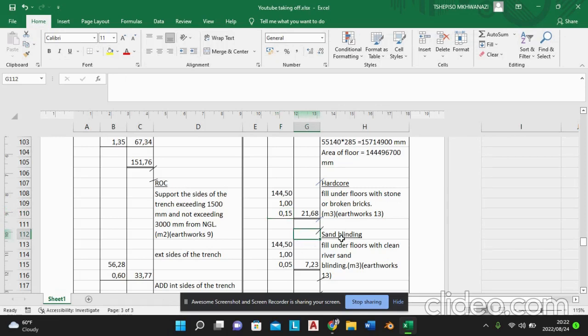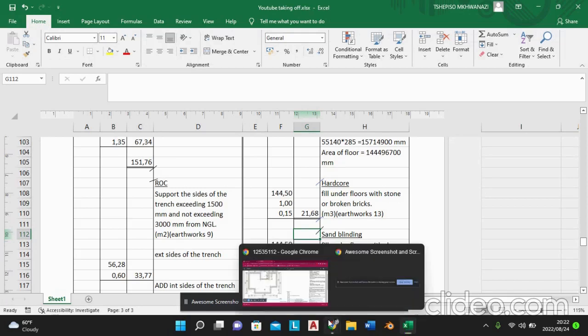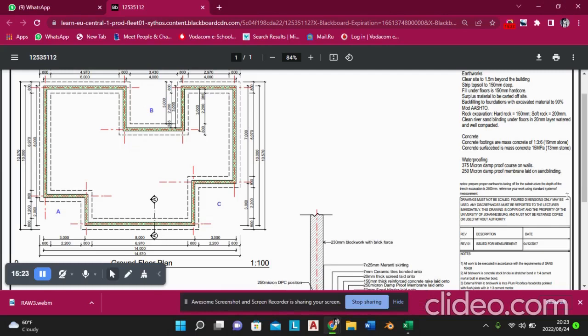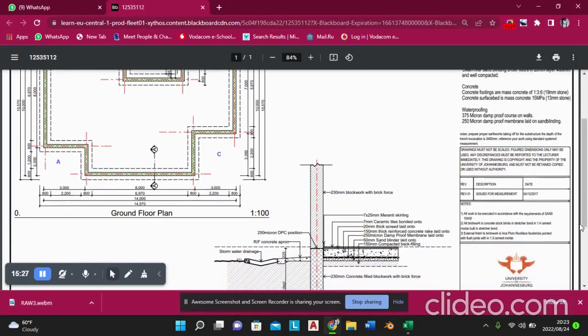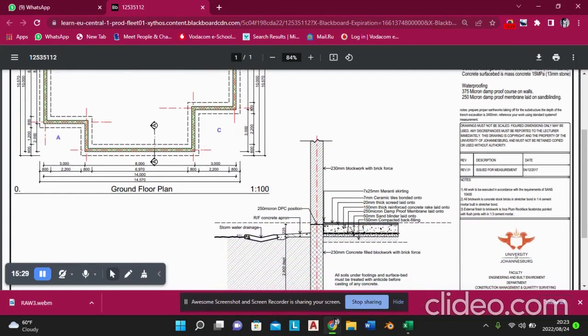And then now we're going to do sand blinding. It's the same thing. You just take this thing. The only thing that is going to change is the depth of the sand blinding. Let me just go here so that you can see everything. I talked about the depth of the sand blinding when we were doing the brick wall. The depth of the sand blinding is 0.05 meters, which is 50 millimeters, and then the depth of the hardcore is 150 millimeters.